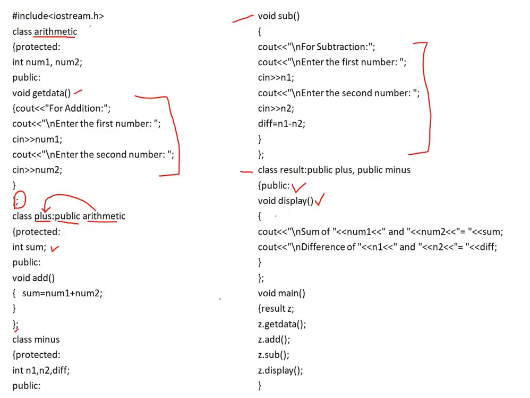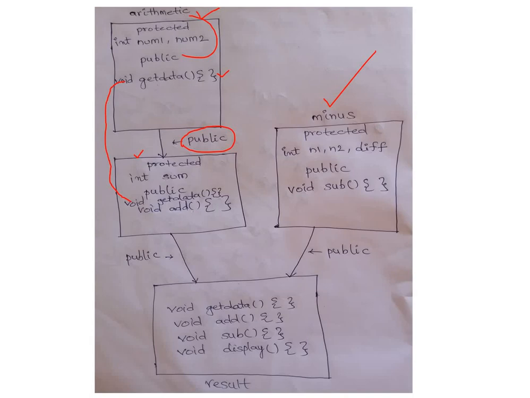So here, already we have int sum. Now num1 becomes a protected member and num2 also becomes another protected member. Num1, num2 become protected members in the derived class. Here num1 becomes one protected member and num2 becomes another protected member. Right.